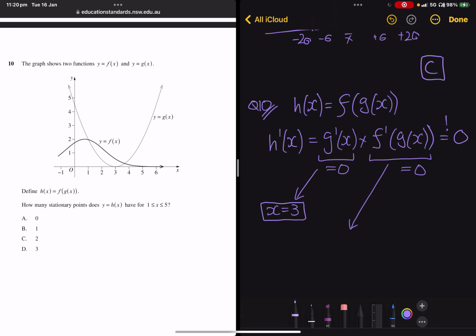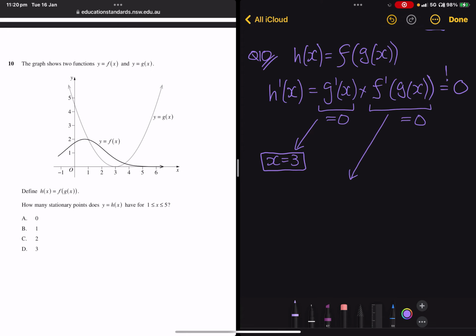Now g of x, of course, is the big parabolic function. That becomes a number close to or just slightly less than 1 on two occasions. It happens when x is about 1.5. So if you think about the graph of this, we're asking ourselves, when does y equals g of x have a y value equal to a number just slightly less than 1?